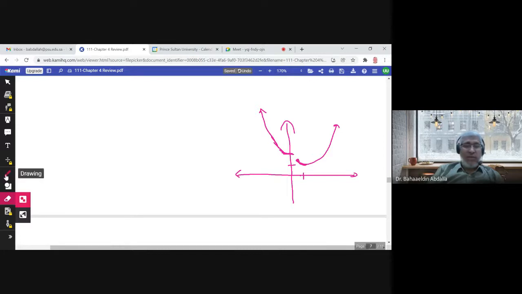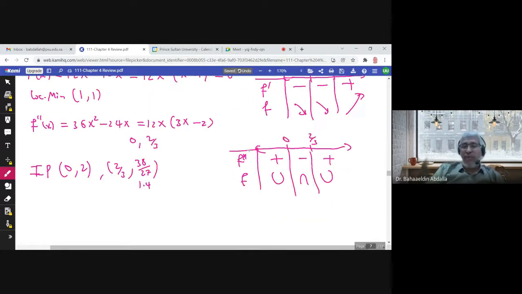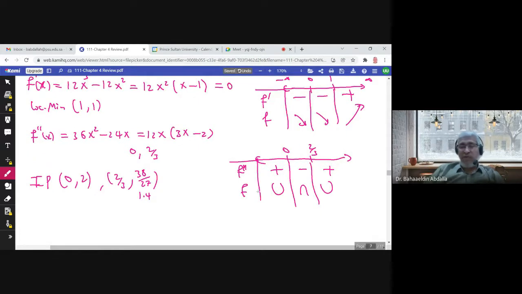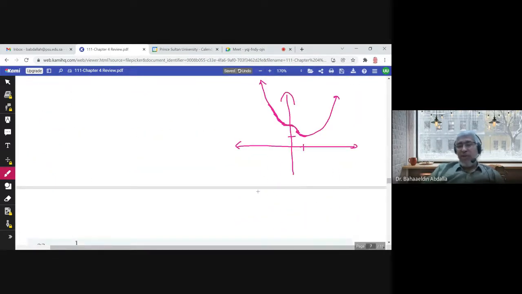So this part now is concave down. Okay. And then at 0, it goes like this. After 0, it's concave up. From negative infinity to 0, it's concave up. 0 is an inflection point, and 2 over 3 is also an inflection point.